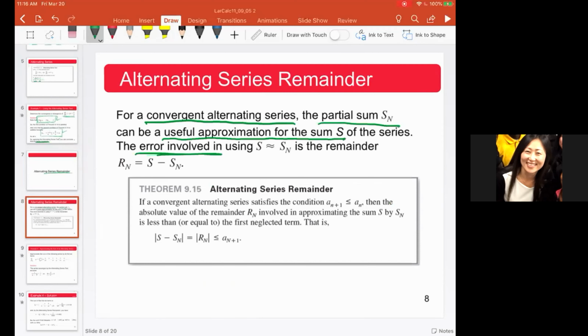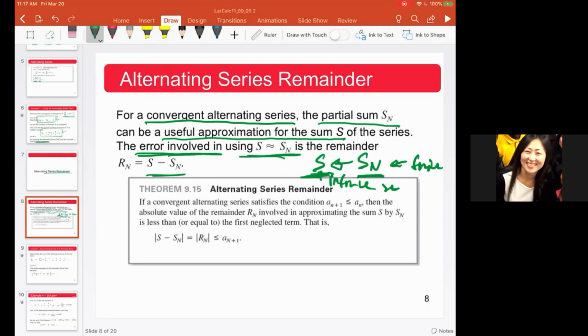The error involved when I am approximating S using S sub n. S is the infinite series. This is what? Finite. All right, so I'm trying to approximate the sum of an infinite series using n terms.